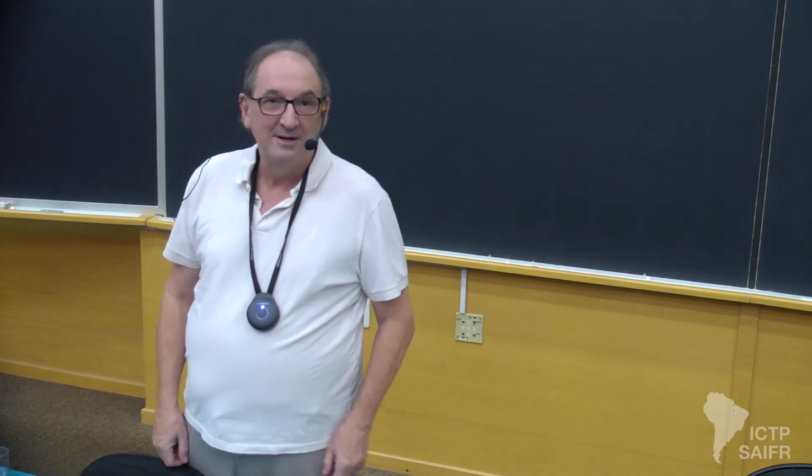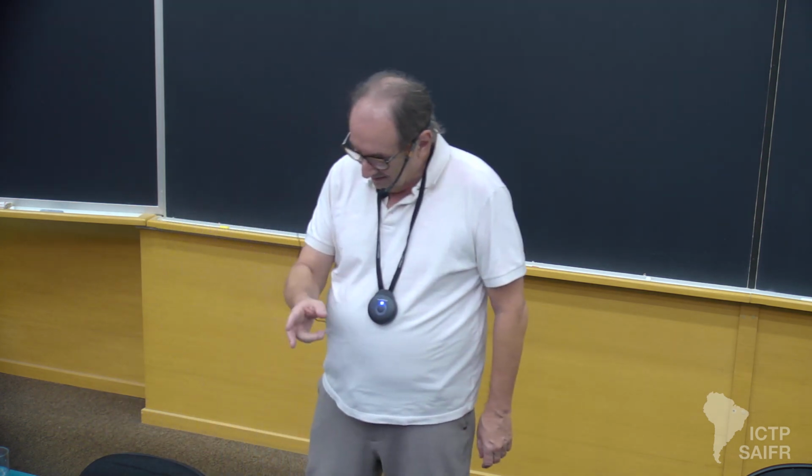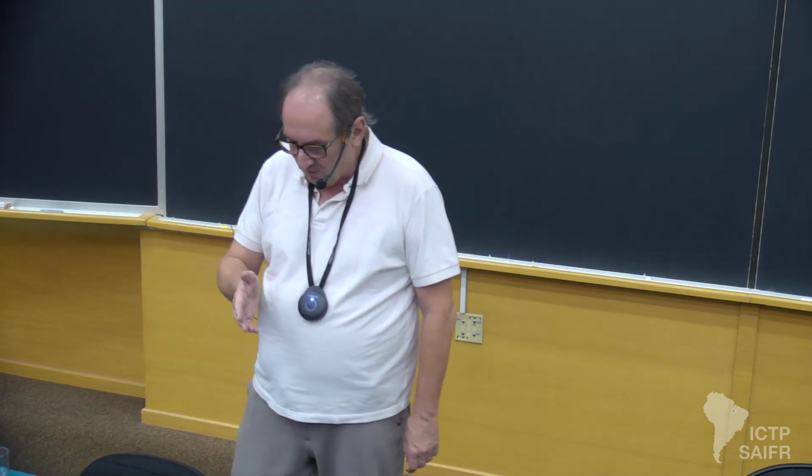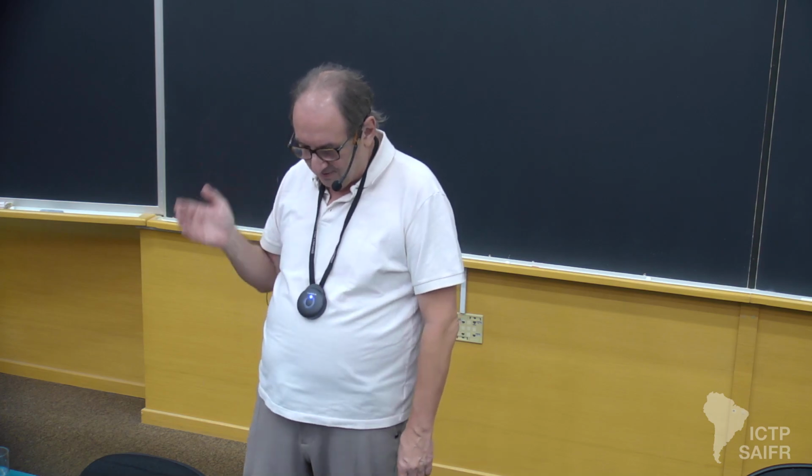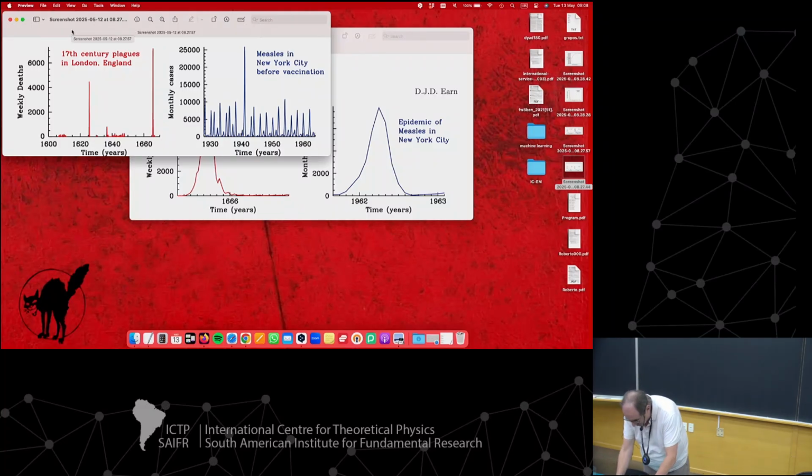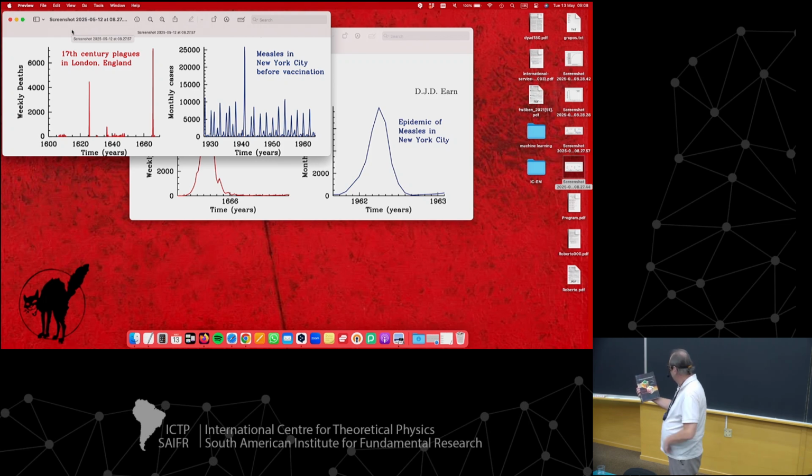The references closest to this course would be these two books. One is called Modeling Infectious Diseases in Humans and Animals by Keeling and Rohani. That's the textbook that is used all over the world, the kind of standard thing.